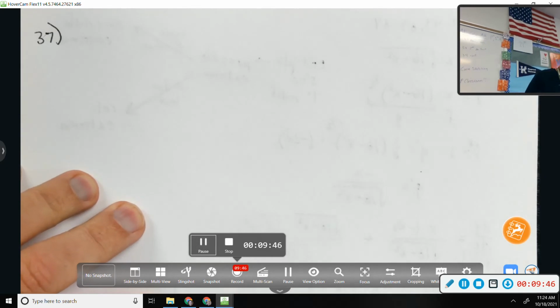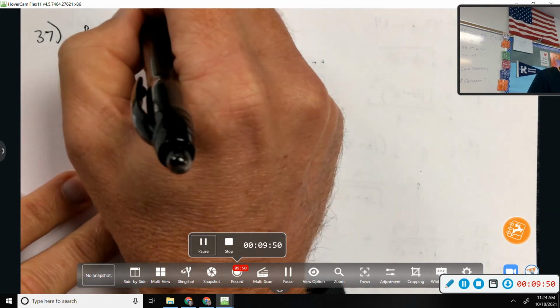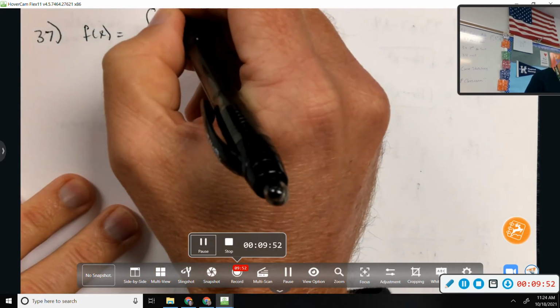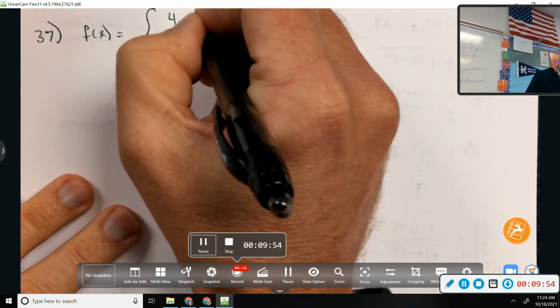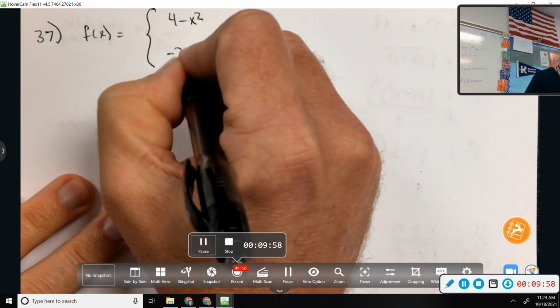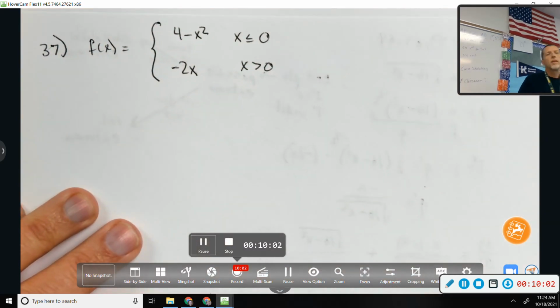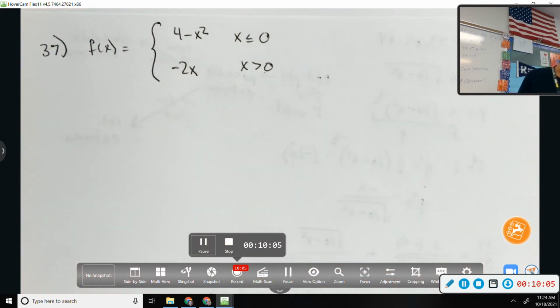So number 37. That's a good question because of the piecewise thing here. It says find the critical numbers, open intervals where it's increasing and decreasing, and then find relative extrema.